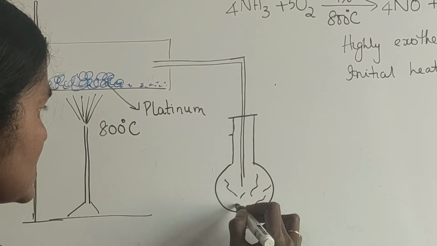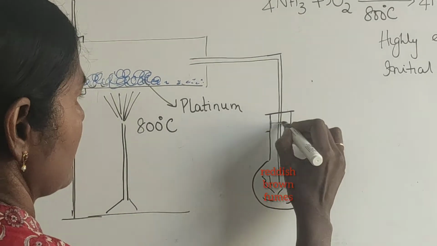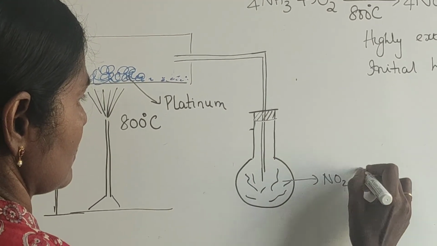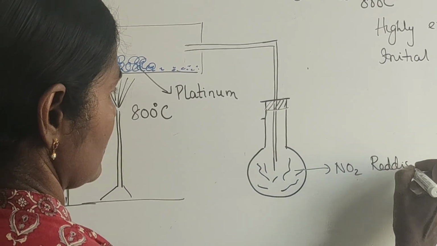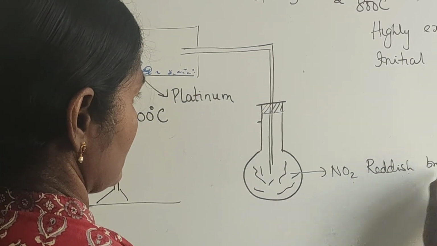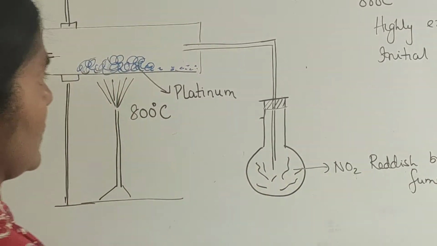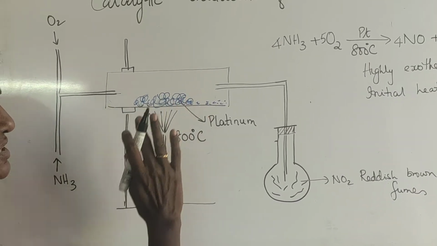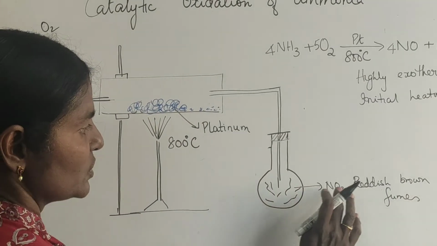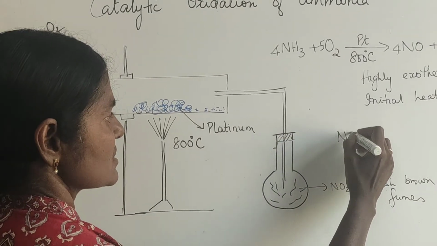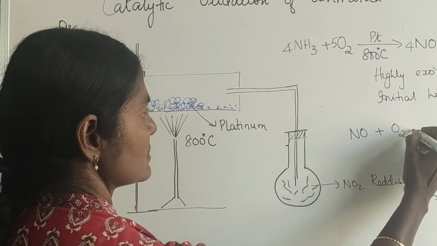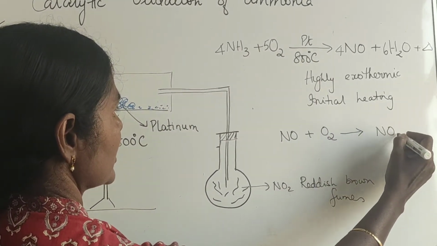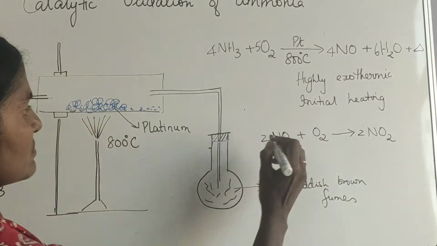So here you can see some reddish brown fumes. Even after the heat is removed, the platinum is still glowing. Now, how do you get these reddish brown fumes? Nitric oxide has reacted further with oxygen. Remember, the oxygen supply is still there to give reddish brown nitrogen dioxide.